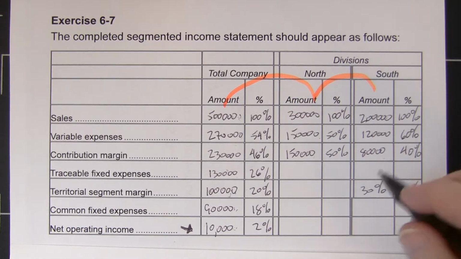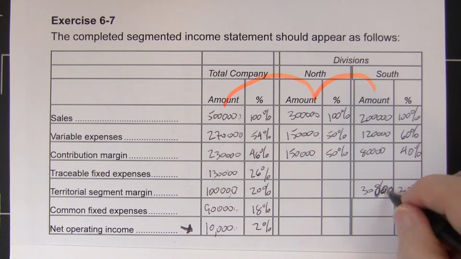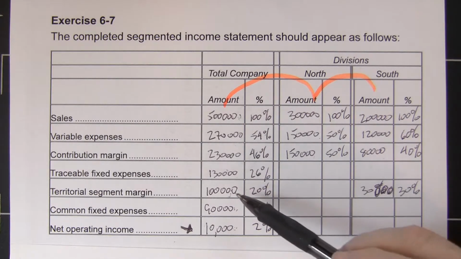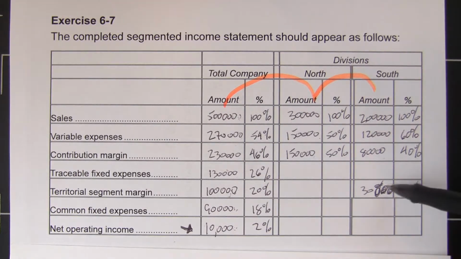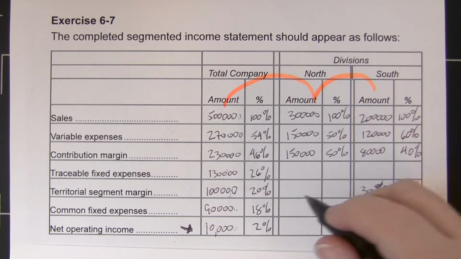So if they have 30% of 100,000, that makes it 30,000. That was their margin. We figured out that the total company margin was 100. If we had 100 and these guys accounted for 30, these guys had to account for 70.